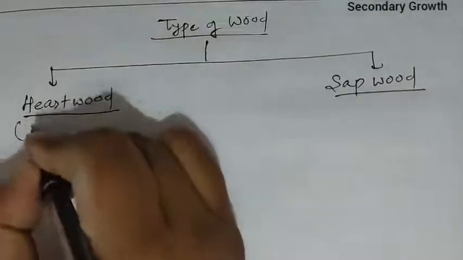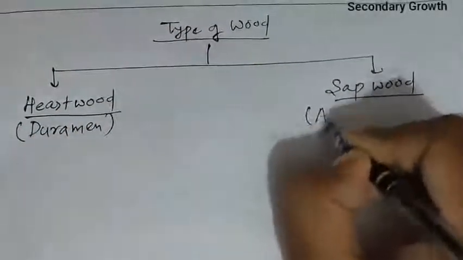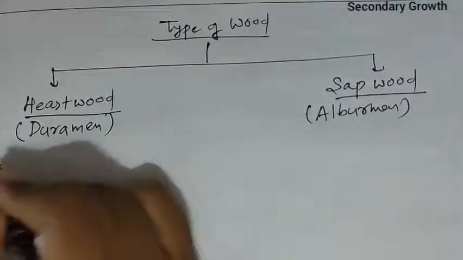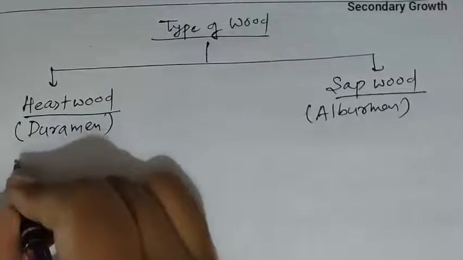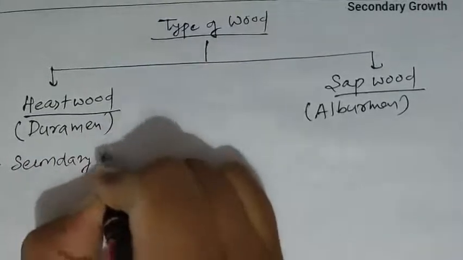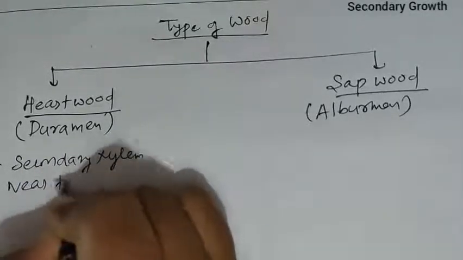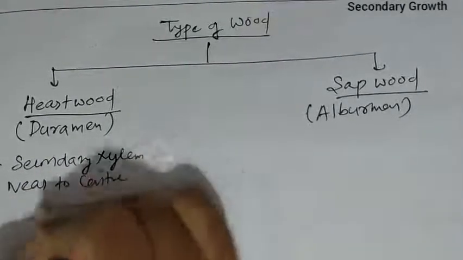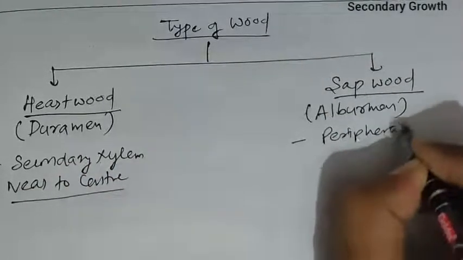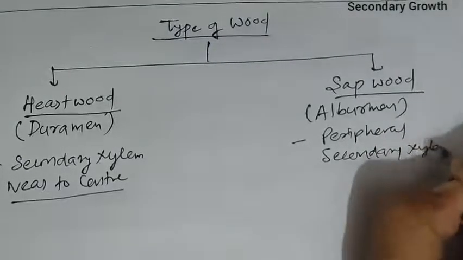This heartwood is also named duramen and sapwood is known as alburnum. Heartwood is the secondary xylem near the center, and sapwood is the peripheral secondary xylem.